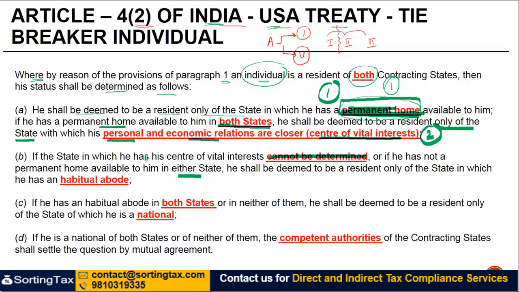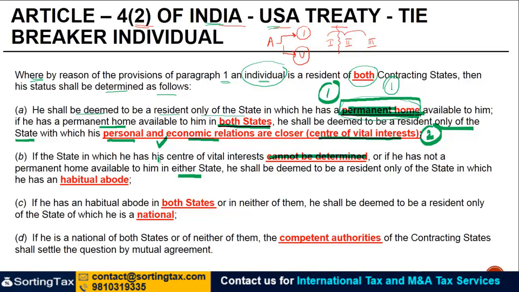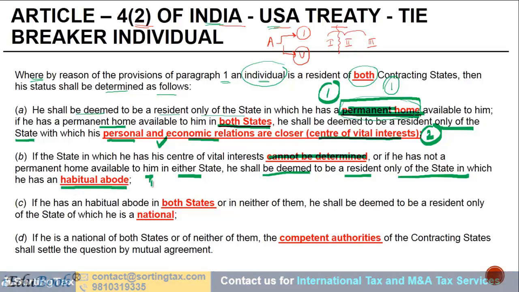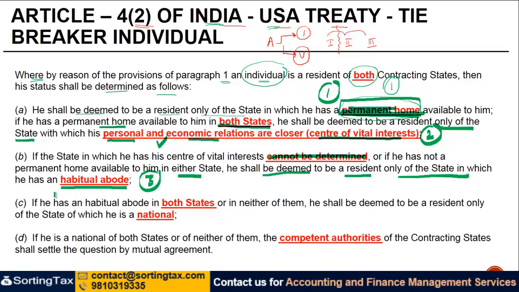But if he has a permanent home available in both the states, you need to see where his personal and economic relationships are closer. But if you cannot decide this, that is, the center of vital interest cannot be determined, or we are at a situation where he does not have a permanent home in either of the two countries, namely India and US, he shall be deemed to be a resident only of the state in which he has habitual abode. So this is criteria number 3.